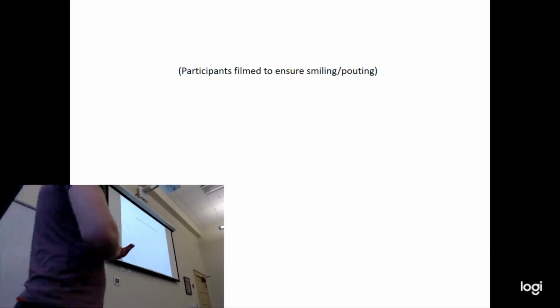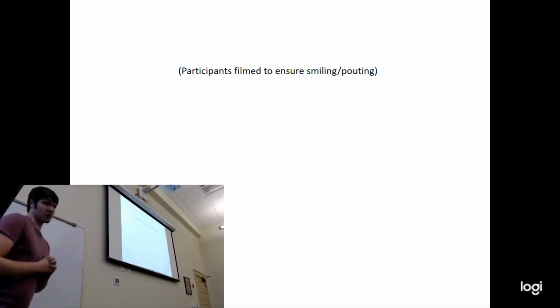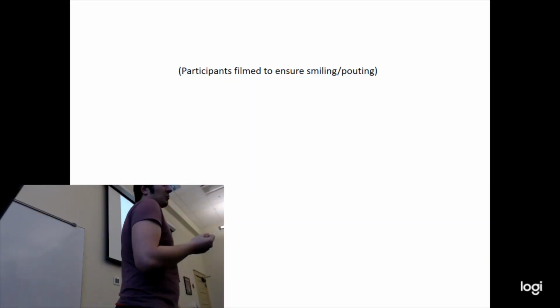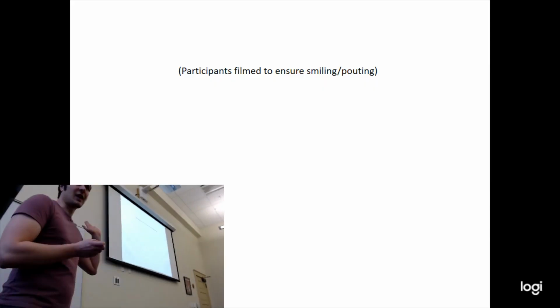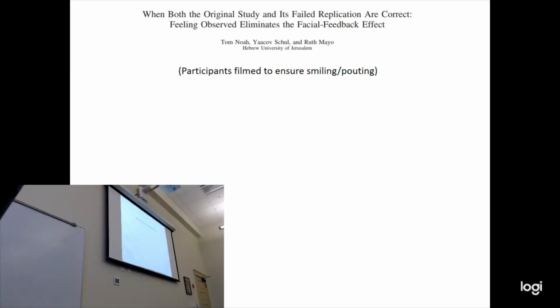If you look at how this debate has progressed, you can see this ambiguity in action. One of the responses to this registered replication report is that the fact that you filmed these participants was bad. Facial feedback doesn't work when people are being observed. So because you included that camera, these results don't actually bear on the facial feedback hypothesis.